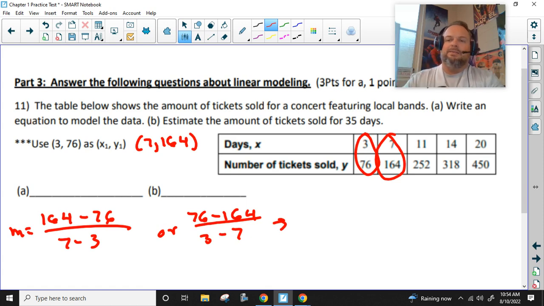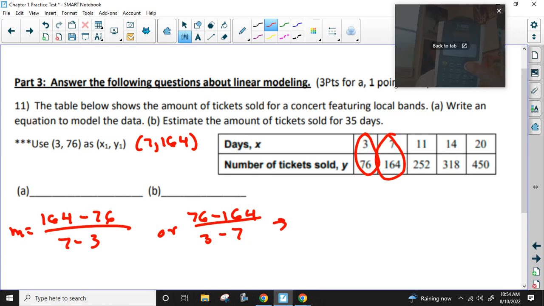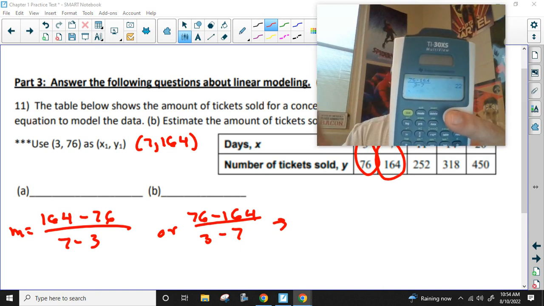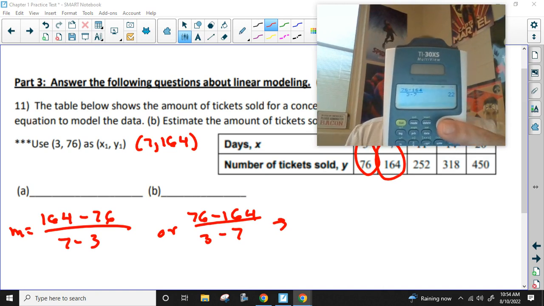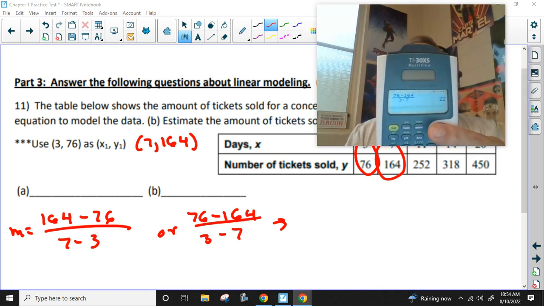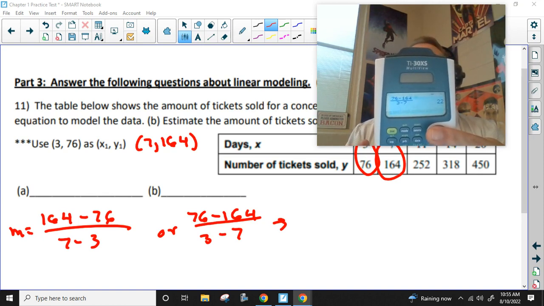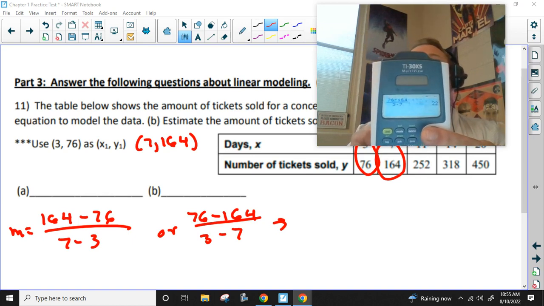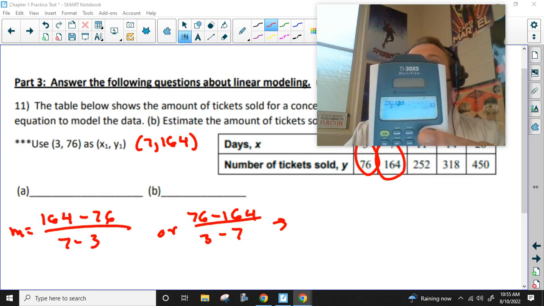All right. So when I plug this in, I can plug it in all at once. I get 22. Okay. I think some people used other points. How many of y'all did not get a slope of 22? Okay. You used different points than I did, right? That's why on the test, I tell you exactly which points I want you to use.